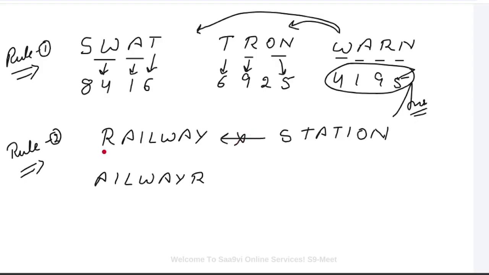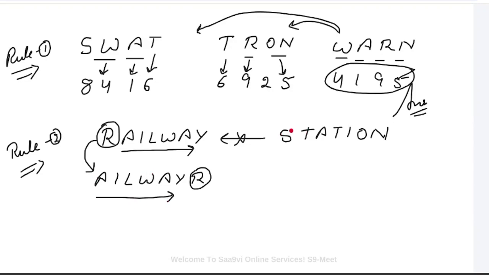Then Rule 2 says: the alphabets which are in the code given to you, in the hint given to you, are they being jumbled? Has the sequence been changed? Now, if I check this particular question, R went to the back, and all the rest of the alphabets shifted one place to the left.